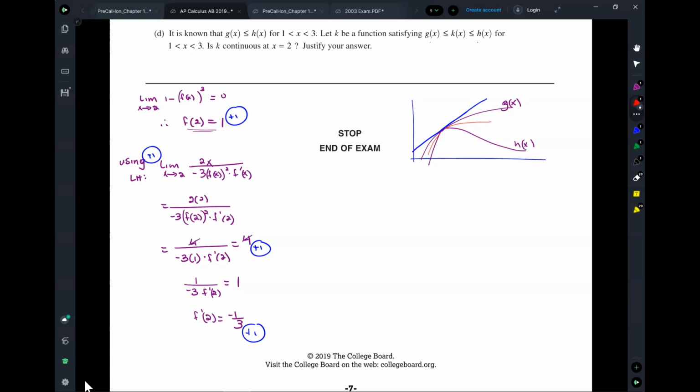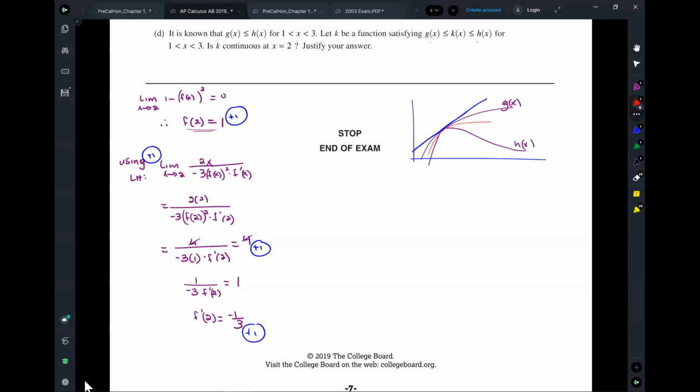And if the value of the red one has to be in between those two, what's the only thing it could be? 4. So it's got to be continuous because it's bound by the other two functions. Because it says for every single number, k of x is in between the other two. So it can't just be undefined or non-existent or something else.